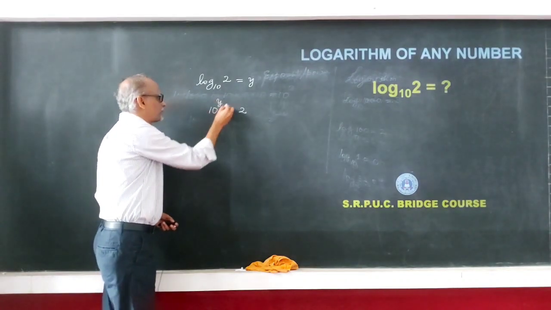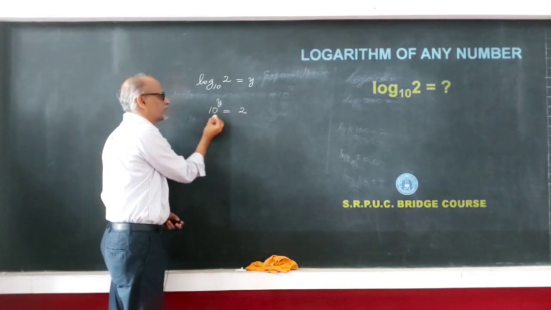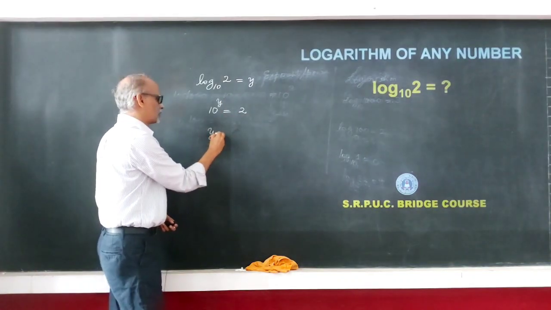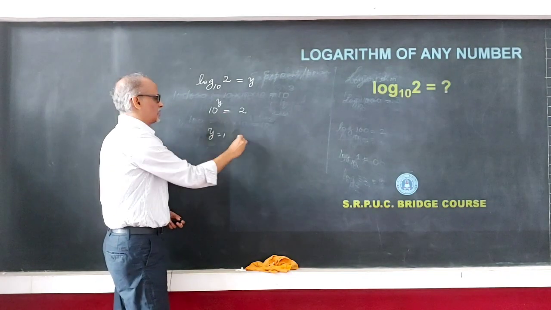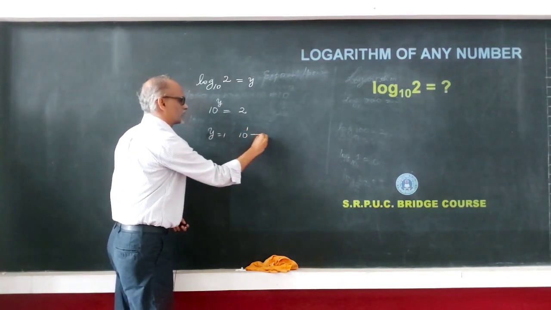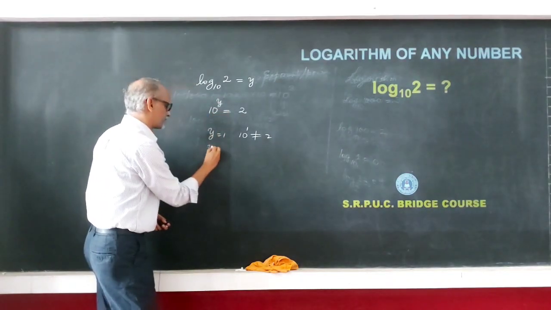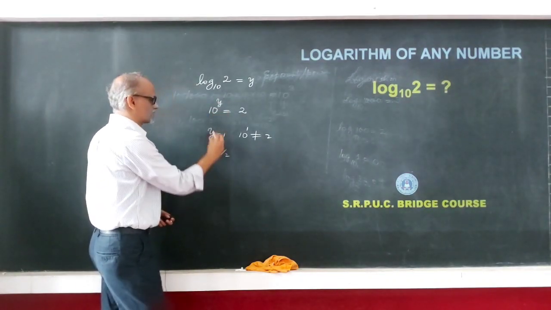So what power of 10 will give a value 2? Can it be equal to 1? No, because 10 to the power 1 is not equal to 2. Can it be half? y is equal to half.